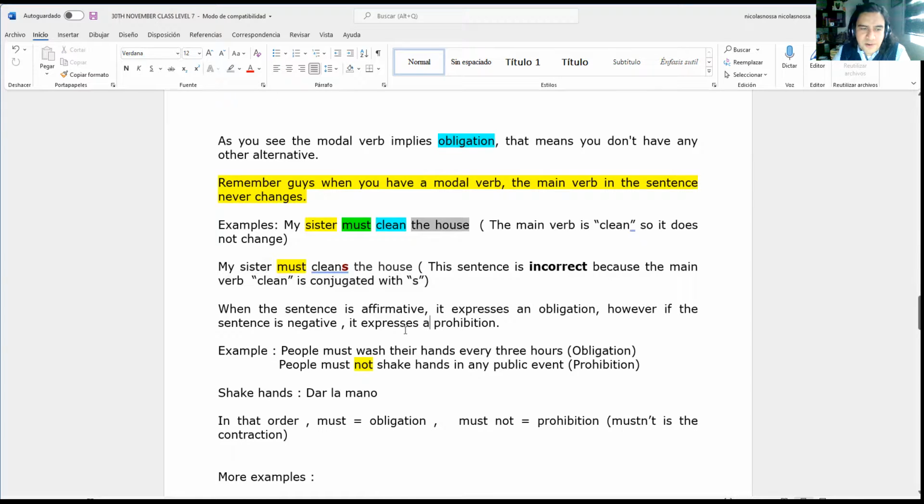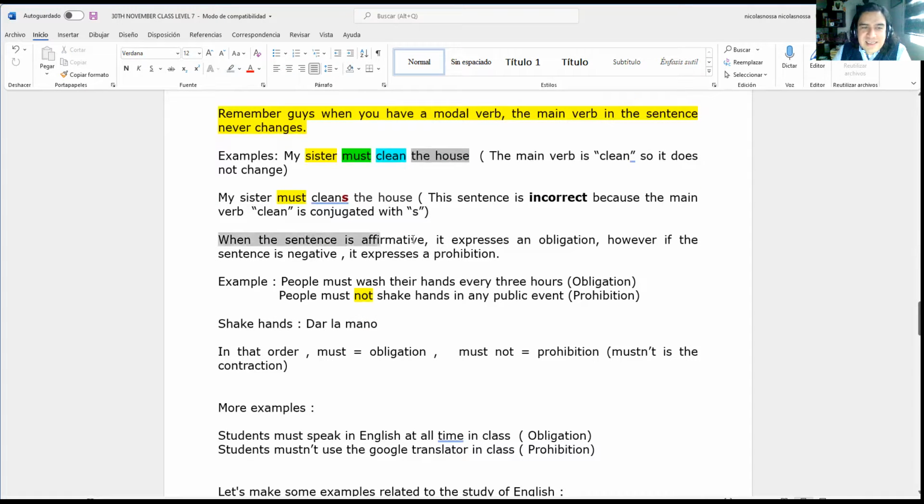So, impossible. When the sentence is, ojo con esto, when the sentence is affirmative, es clave. Cuando la oración es affirmative, express an obligation. Expresa una obligación.